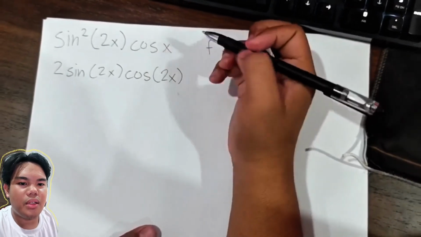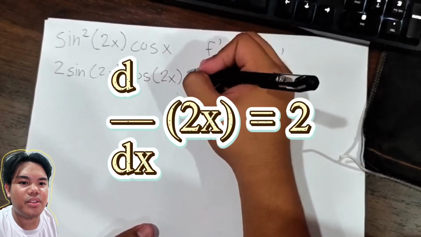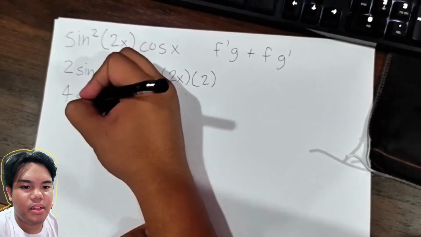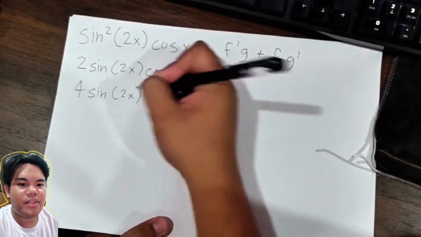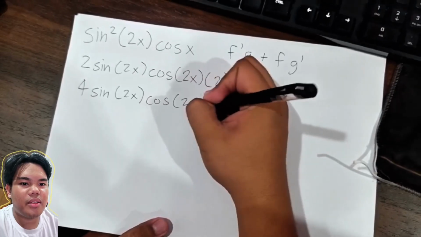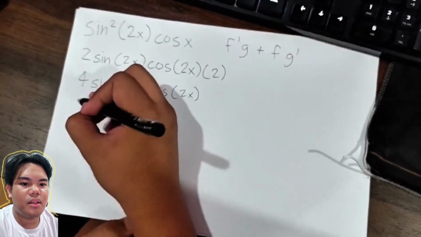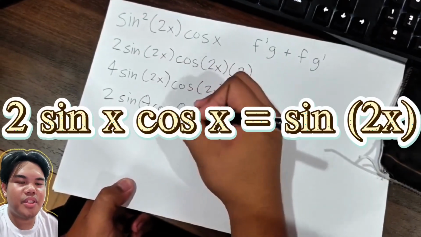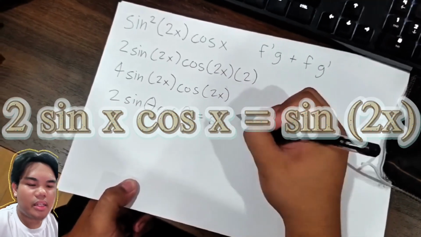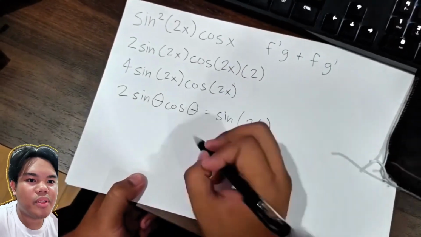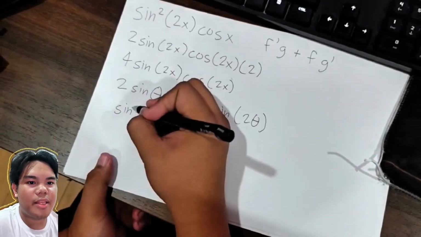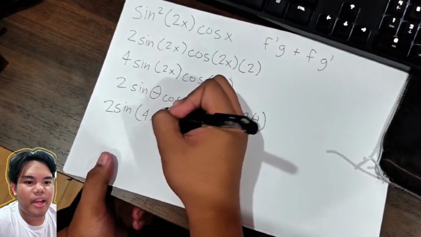After that, we derive the inside of 2x, which is 2. Now if we multiply it all, we get 4 sine 2x cosine 2x. But if we use the double angle identity, which is 2 sine theta cosine theta equals sine 2 theta, we will get 2 sine 4x.